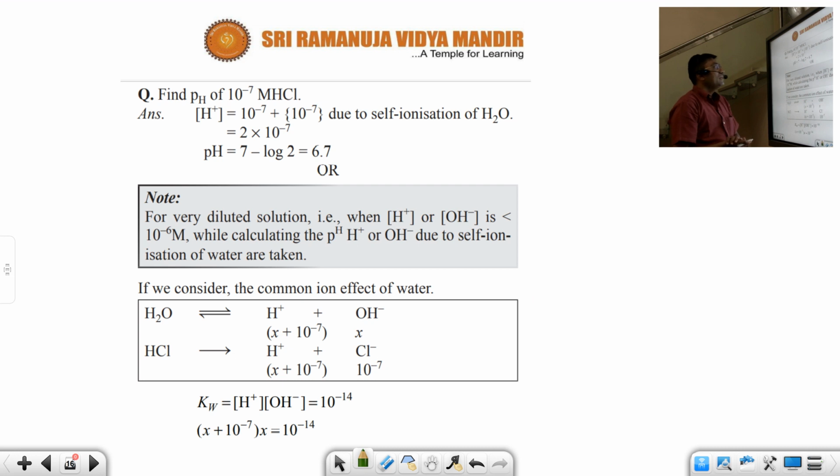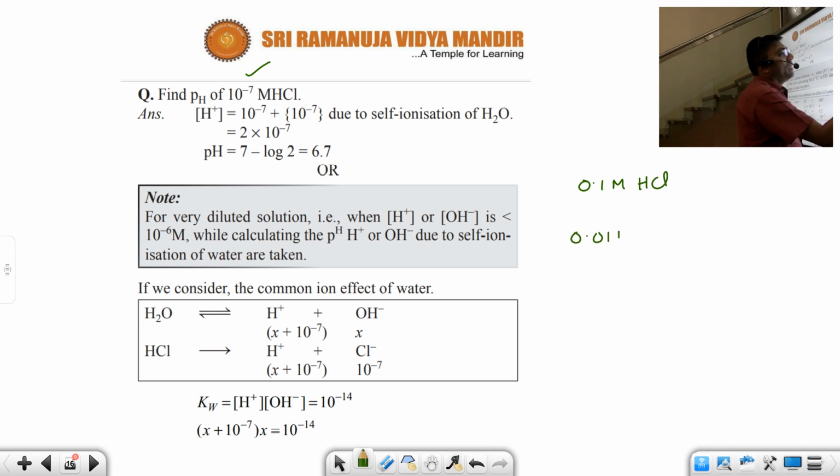Well, very interesting. Find the pH of 10 power minus 7 molar HCl. Students, try to understand. I have taken 0.1 molar HCl. Now, let us take 0.01 molar HCl. That means how many times did I dilute?